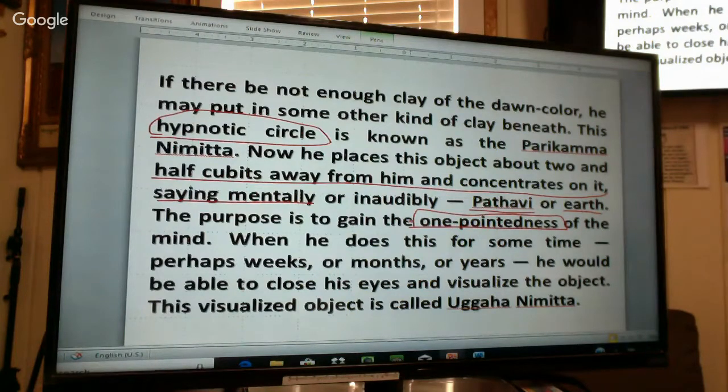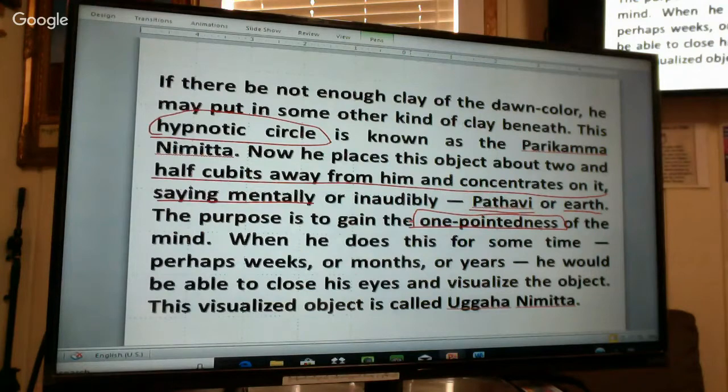So I'll just give an example, the Pathavi Kasina. It depends on your parami. Parami means previous life. If you practiced such kind of meditation in a previous life and practice again in the present life, it connects, and then in 2 weeks we will attain the jhana power, concentration power.